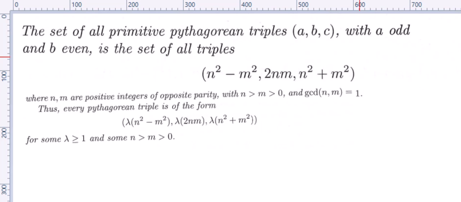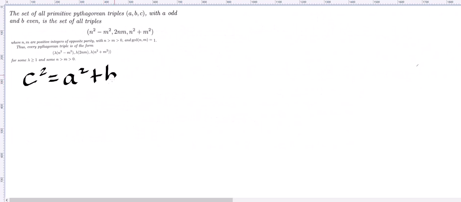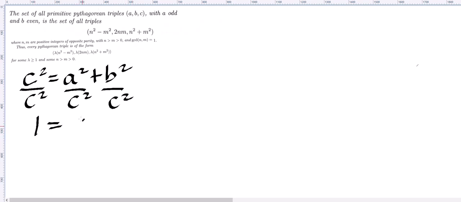We shall derive this formula of generating Pythagorean triples, and then later on, we shall use this formula in generating Pythagorean triples. Let us recall that our Pythagorean triple satisfies the formula c squared is equal to a squared plus b squared. If we divide both sides of the equation by c squared, we shall end up with 1 equals a squared over c squared plus b squared over c squared.